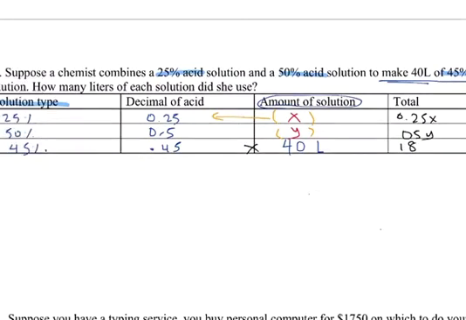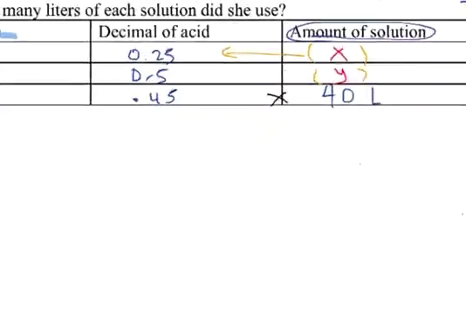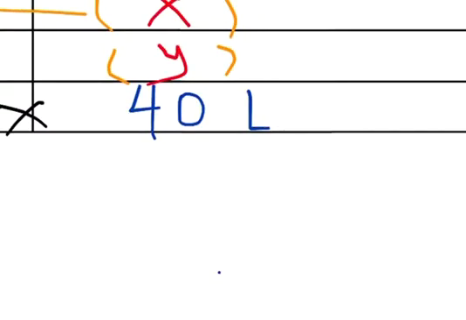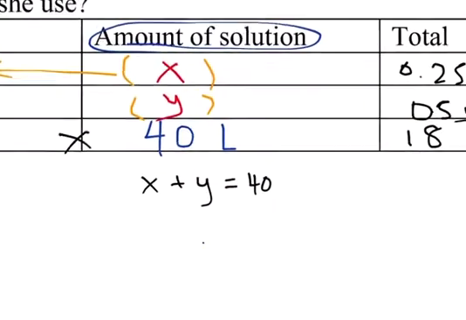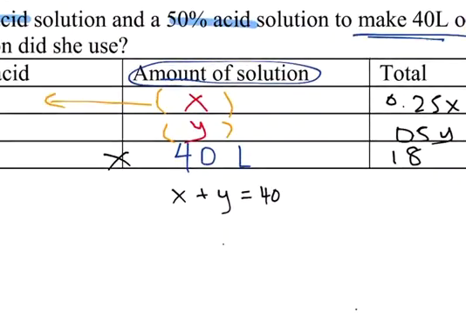So you use these two right here as your equation. You set x plus y equals 40 liters, and for the other one, I'm going to multiply all of these by 100 ahead of time because I don't want to work with decimals.